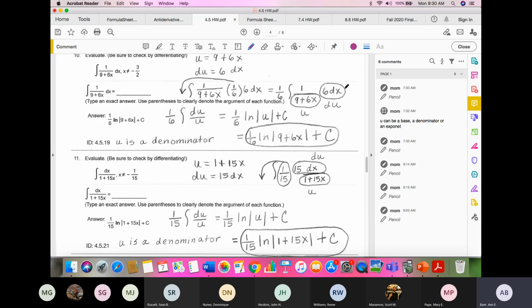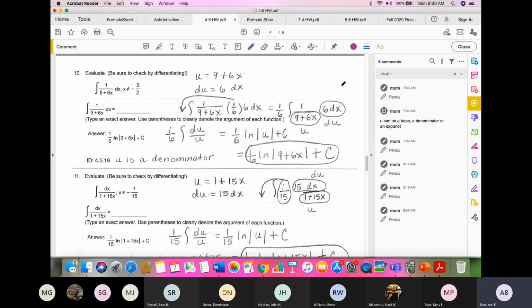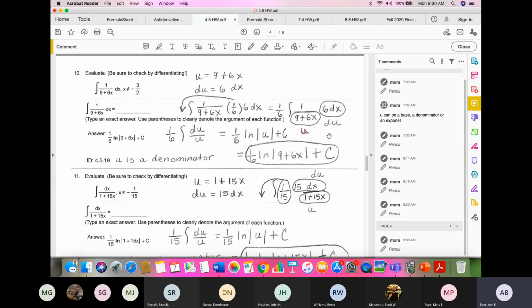So let's look at this. We now want to apply a u substitution. This in the denominator is 9 plus 6x. That's equal to u. That's this u right here.